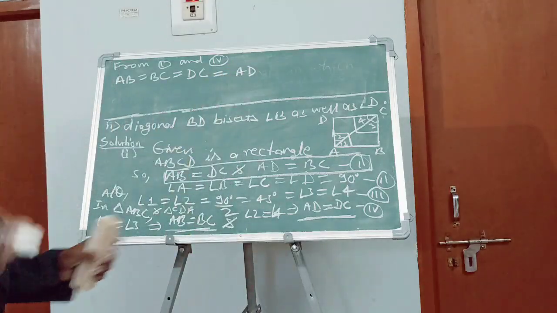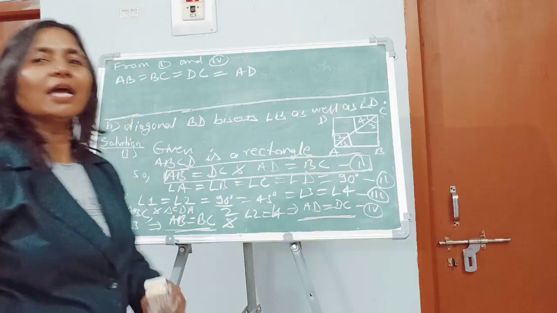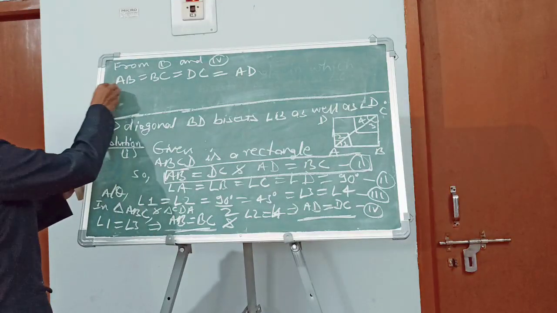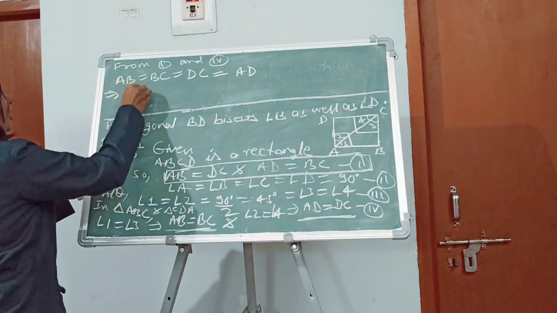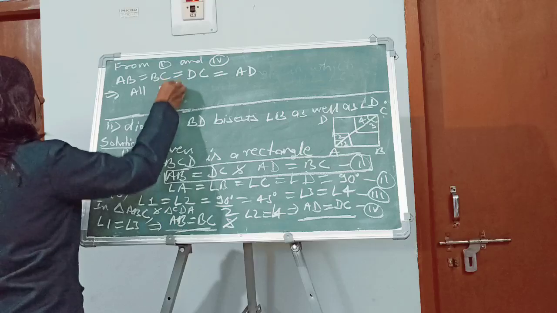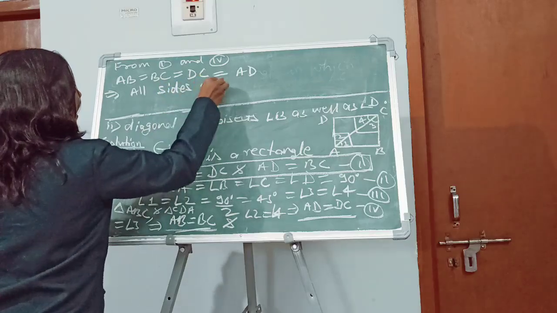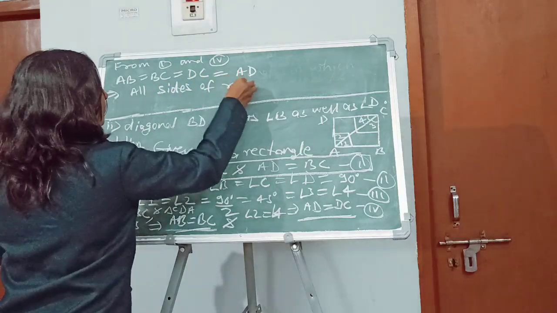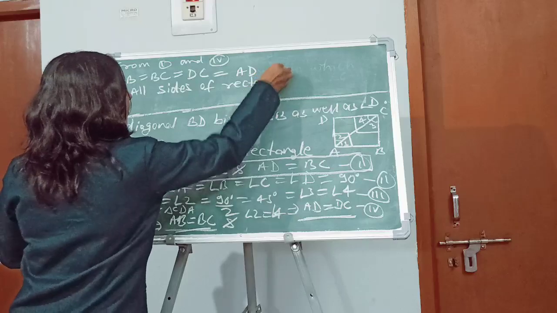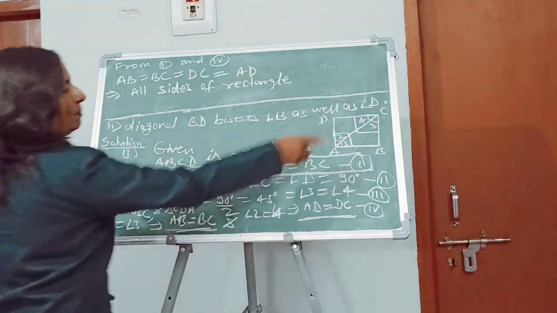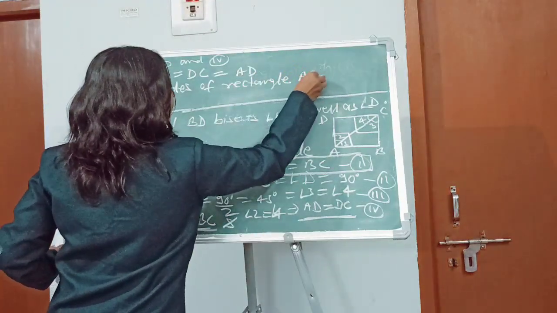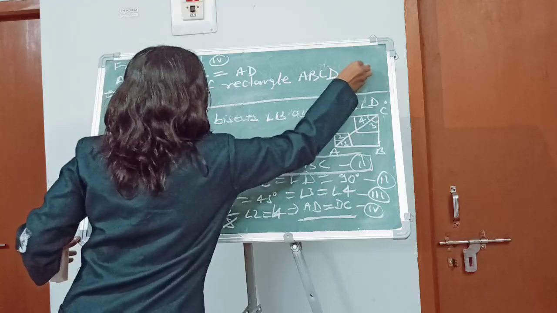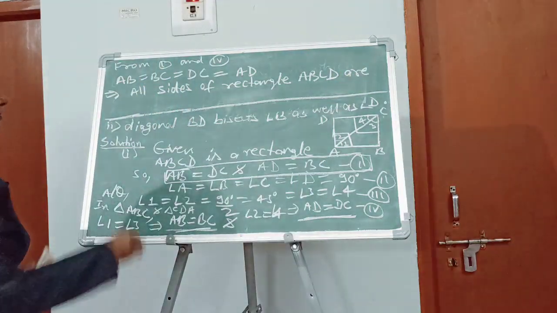Means all sides of rectangle ABCD are equal.